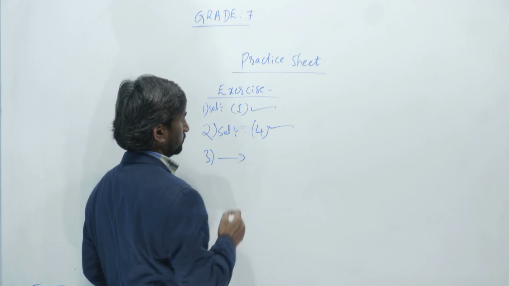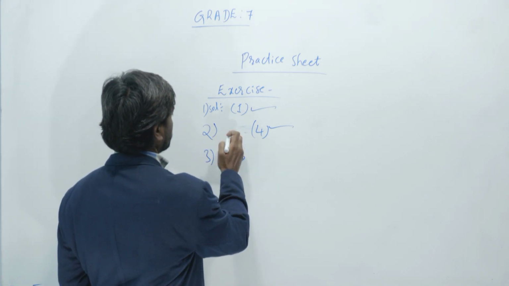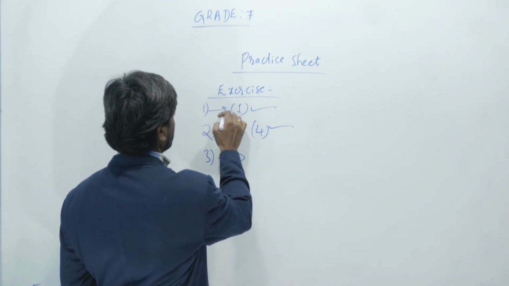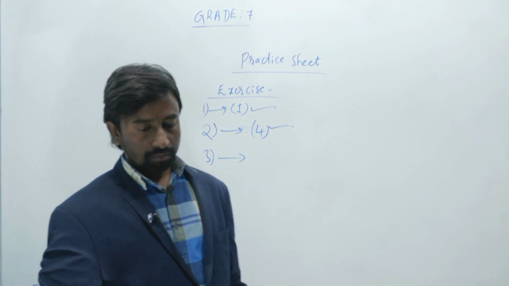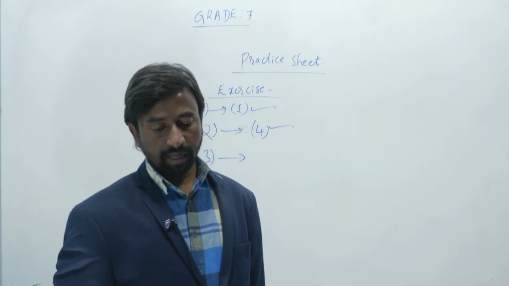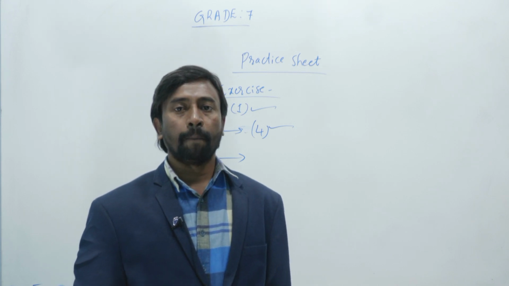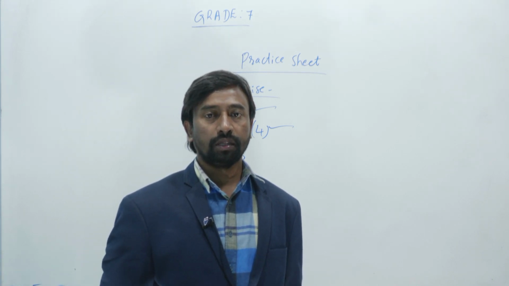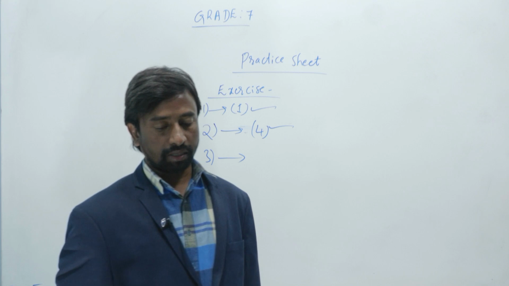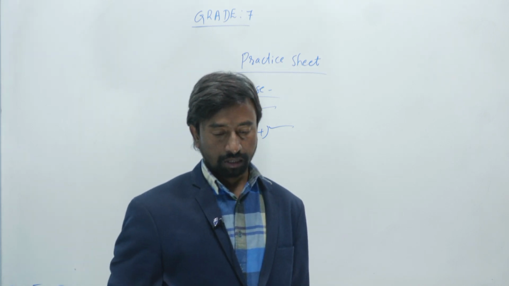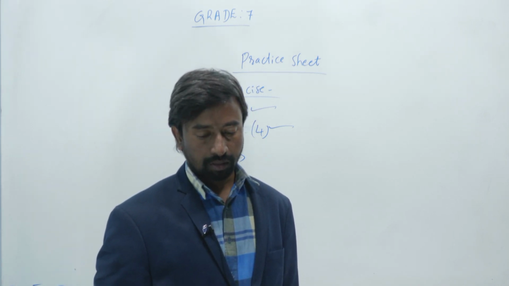And the third one we'll see. Action and reaction can never be balanced because they are in opposite directions. They are equal in magnitude but opposite in direction. Here the options are given: they are equal but not always opposite; they are unequal in magnitudes.